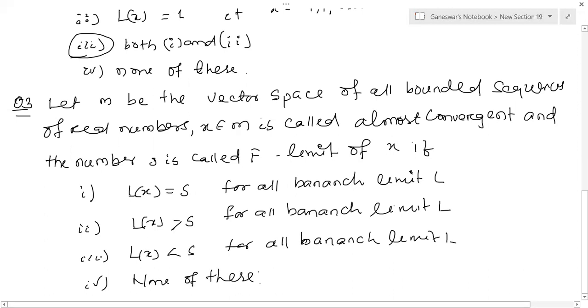Just look here, which one is true, which condition is satisfied.